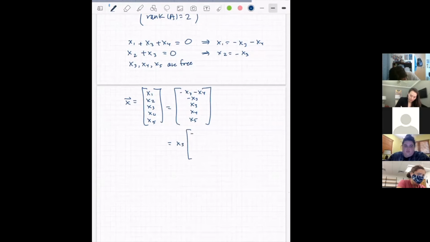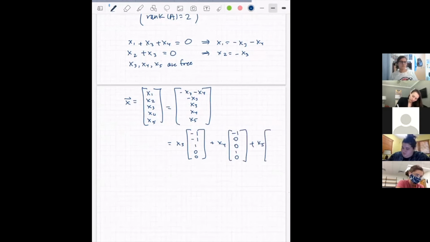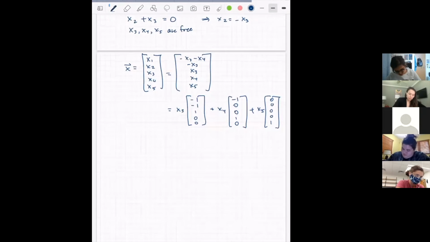We get minus 1, 1, 0, 0, and then minus 1, 0, 0, 1, 0, and x5 times 0, 0, 0, 0, 1. And so the null space is going to be the span of these.